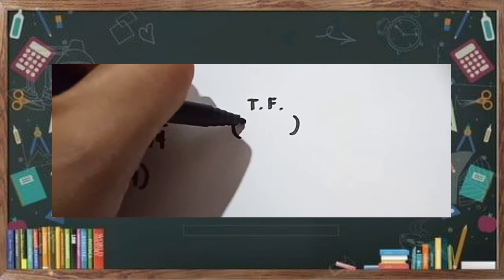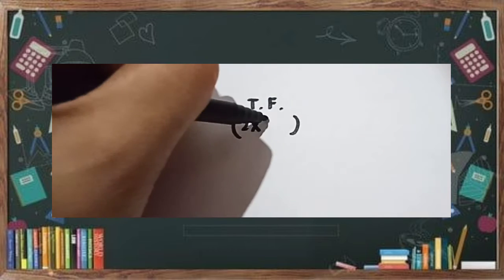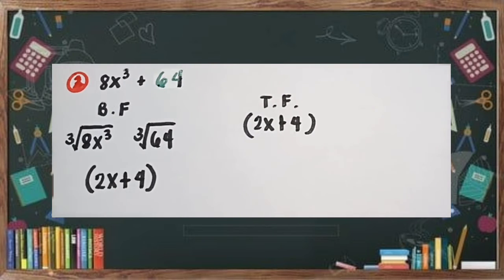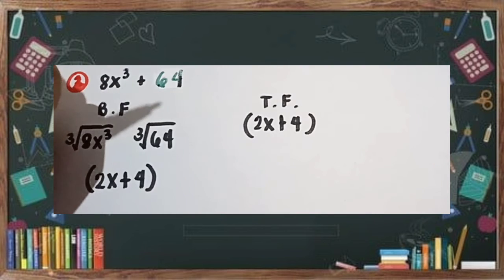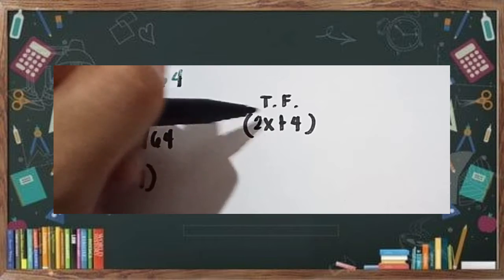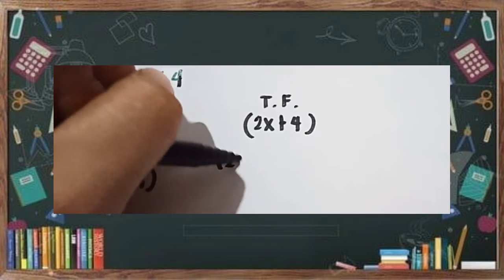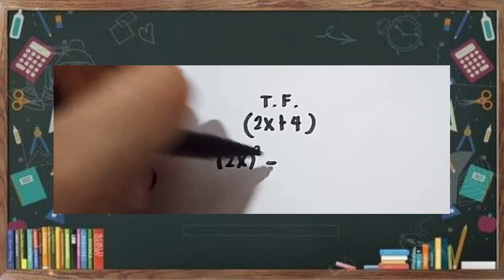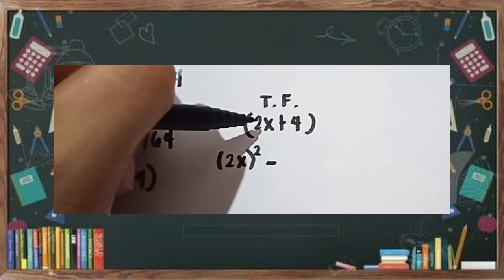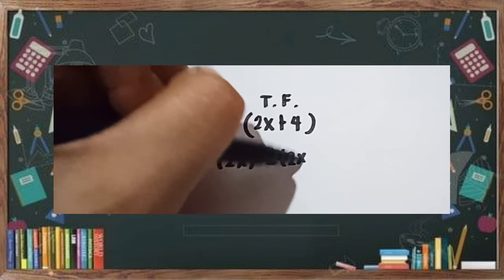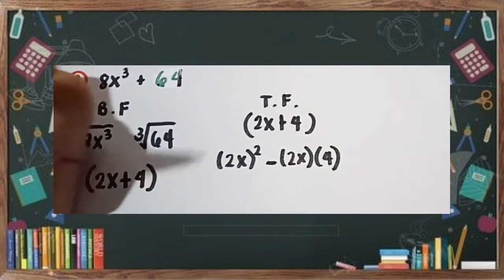Then, we will going to use our binomial factor para makuha natin yung ating trinomial factor. Okay, para makuha natin yung trinomial factor, we need to first get the square of the first term. So, square natin yung first term. Then, i-minus natin yung product ng ating first term at ng ating second term. So, 2x and times 4.